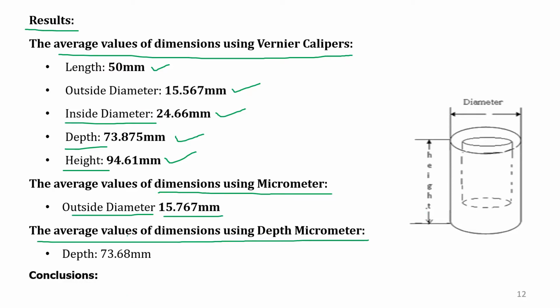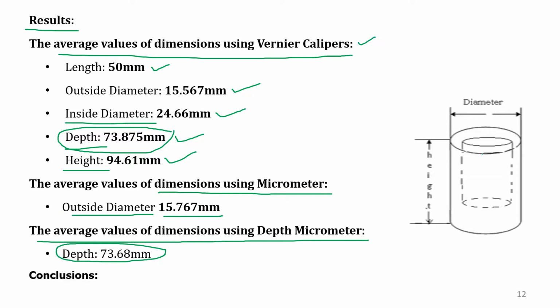Then we draw the conclusion based on the results. From the results, it is observed that the depth measured by the vernier caliper and the depth measured by the depth micrometer differ. The depth micrometer provides more accurate results compared to the vernier calipers.